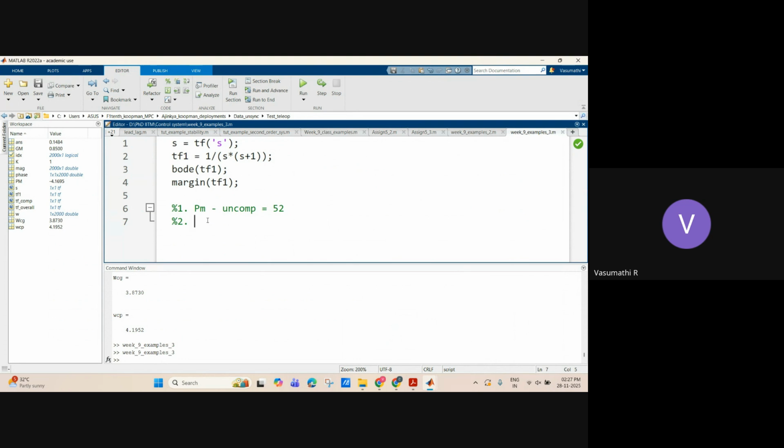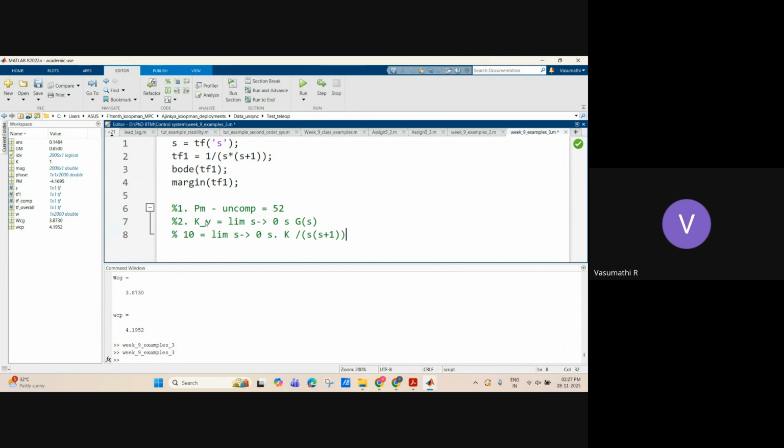Just assume that you have a K in the open loop system, and then we will find the value. Kv, same formula: Kv equal to limit s tends to 0 of s into G(s). Here Kv we know is 10, equal to limit s tends to 0 of s into K by s into (s plus 1).